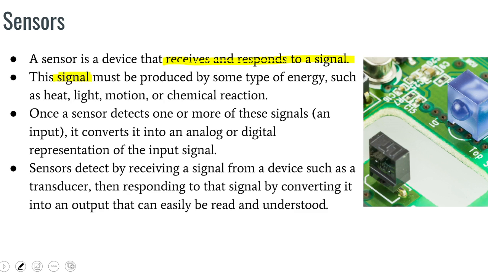Sensors are devices that would detect these signals. The signals are produced by some type of energy, and then the sensor is the device that will detect that. Once the sensor detects that signal, it may convert it to either an analog or a digital representation of the input energy or the input signal.